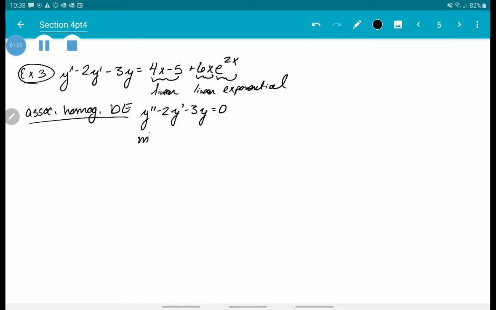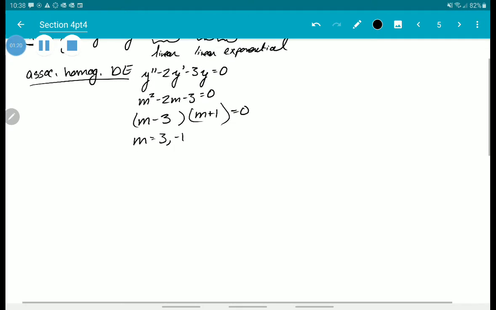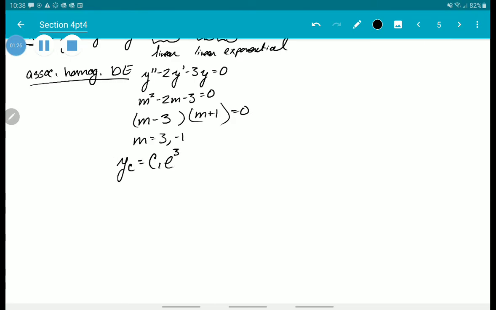The auxiliary equation would be m squared minus 2m minus 3 is equal to 0. That factors into m minus 3 times m plus 1. So we get 3 and negative 1 as roots for that auxiliary equation. So our complementary solution is c1 e to the 3x plus c2 e to the negative x.